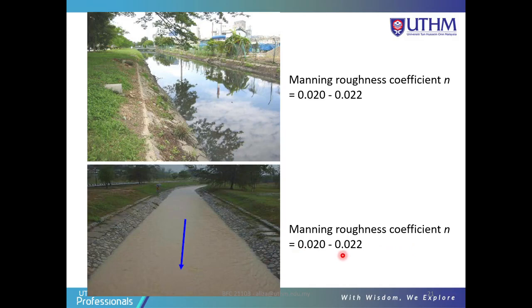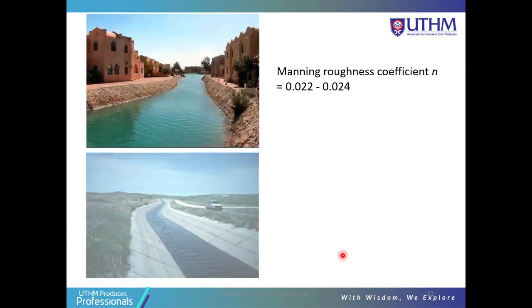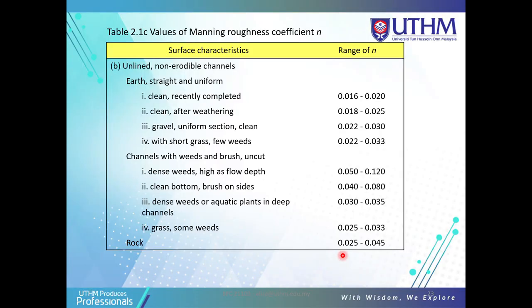This is the assumption to determine the roughness. This is the Manning roughness coefficient for a non-erodible channel, earth straight uniform, channel with weeds and brush, the vegetation. So the range is here.